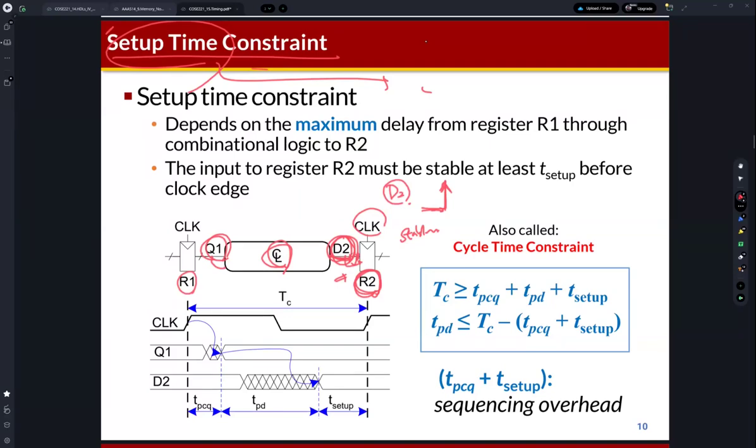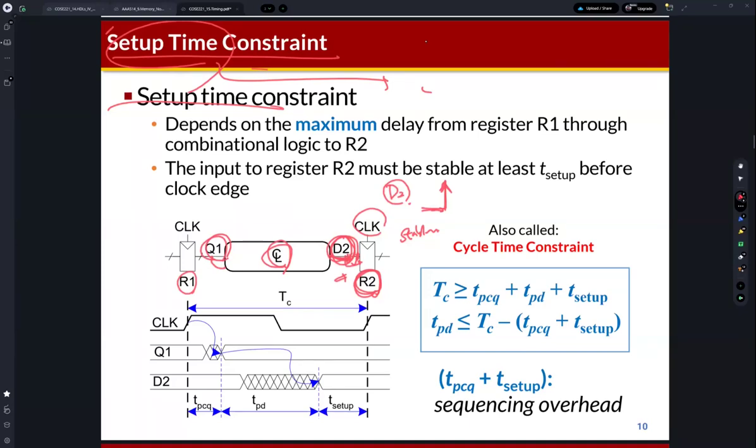Right, we need to arrive by a certain time. We need to arrive at a certain time, and we can start a certain, but for this situation, we need to consider the maximum delay. Of course. So for the setup time, the input needs to be stabilized at this point.